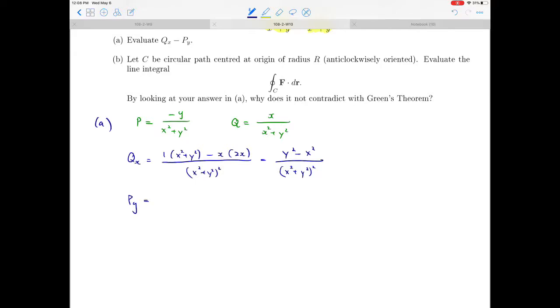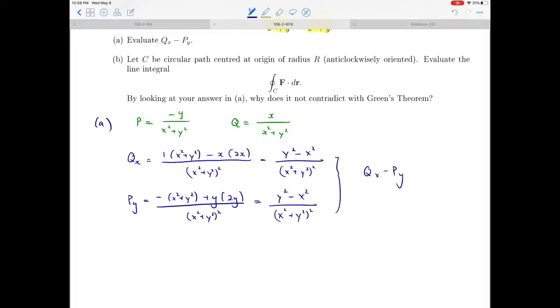Py would be minus, x squared plus y squared, minus y times 2y, over x squared plus y squared, squared. So at the end you get the same thing, y squared minus x squared over x squared plus y squared, whole squared. Therefore Qx minus Py is 0.